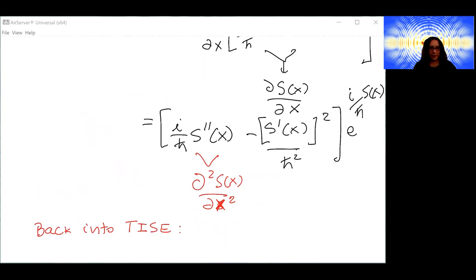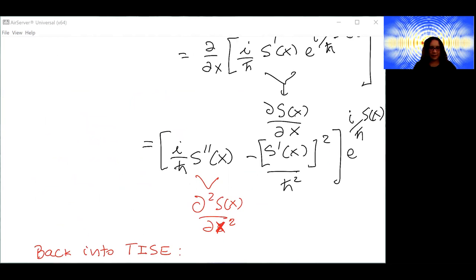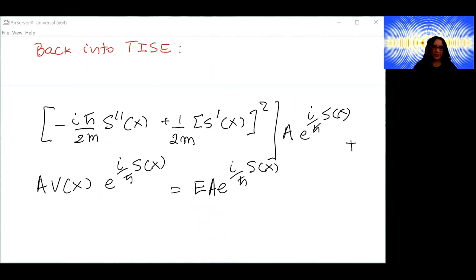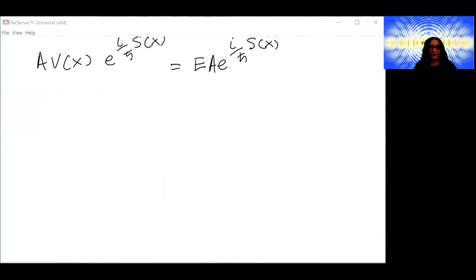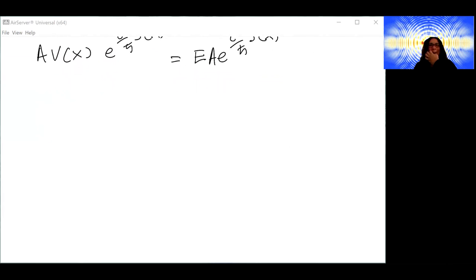So here is this term. If you want to be more explicit, this is minus ħ²/2m d²/dx² applied to psi(x). Okay? So moving on, we find, so far there is no approximation, it just looks more complicated.